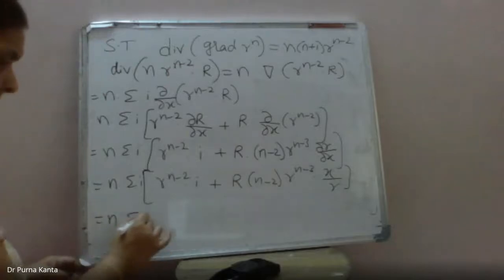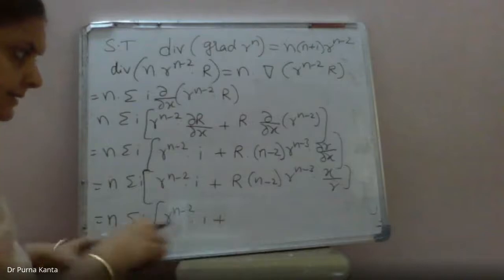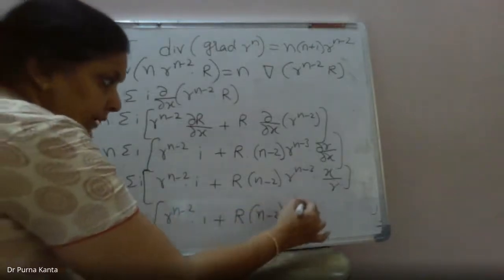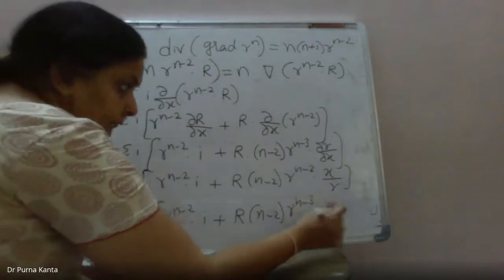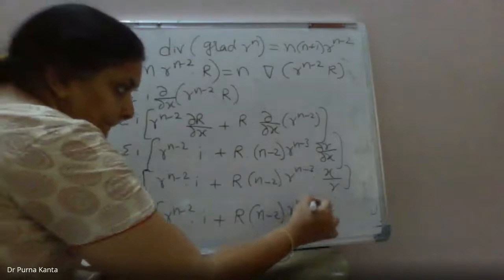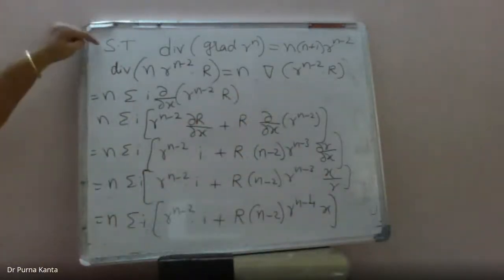This I will write as r power n minus 4. Did you understand till here? I will continue the next part over here.